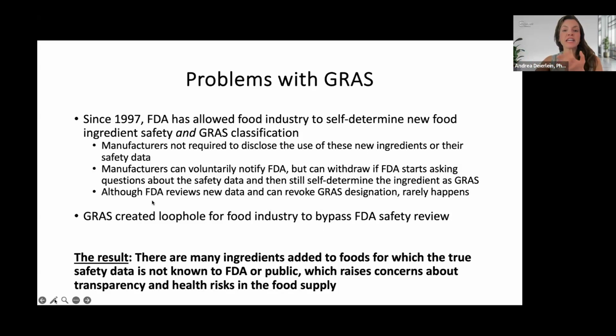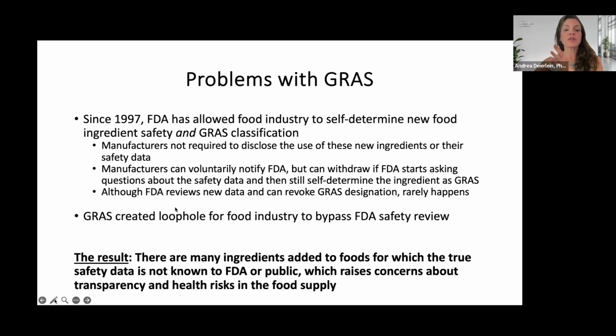And even when things are designated as GRAS and put into our food supply, the FDA does have a post-market review process, so they can continually review new data and revoke that GRAS designation that the food manufacturer had put on that ingredient, but it rarely happens.